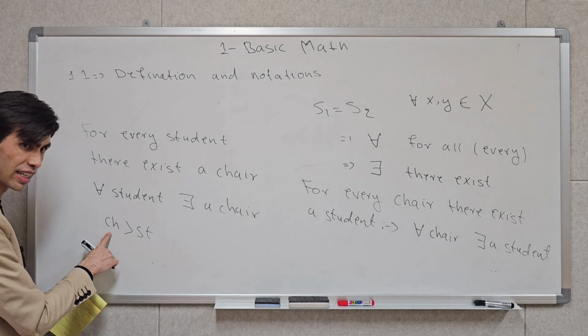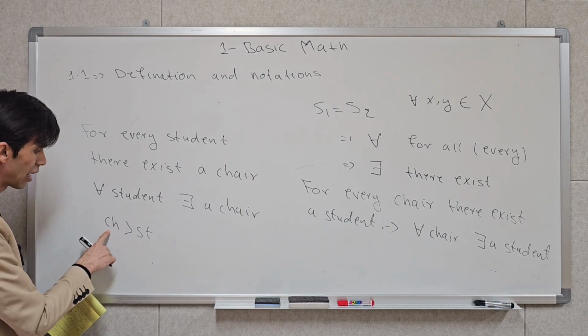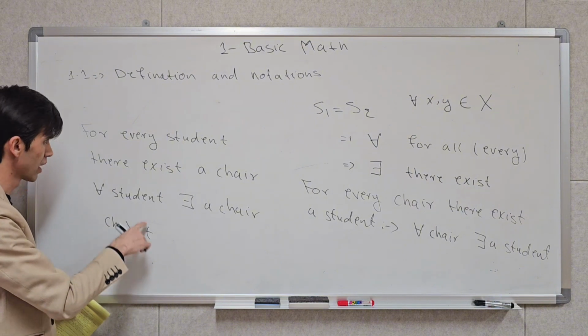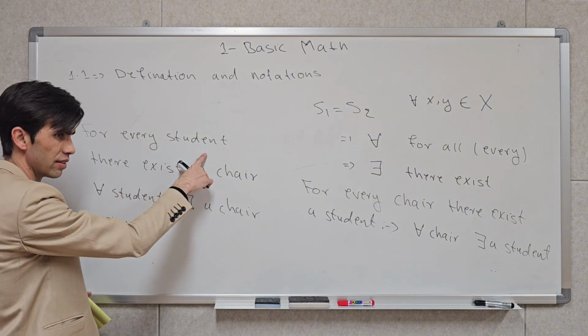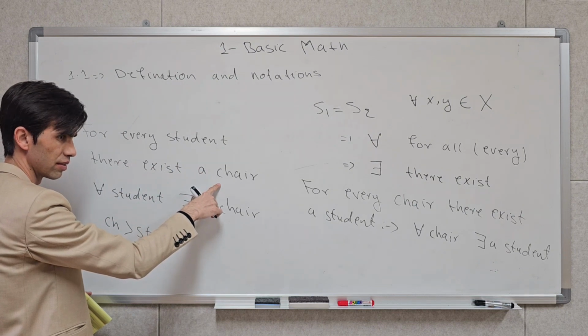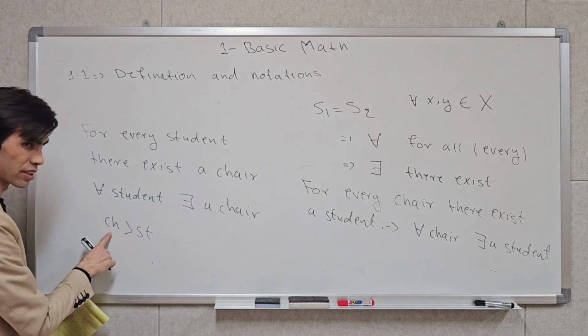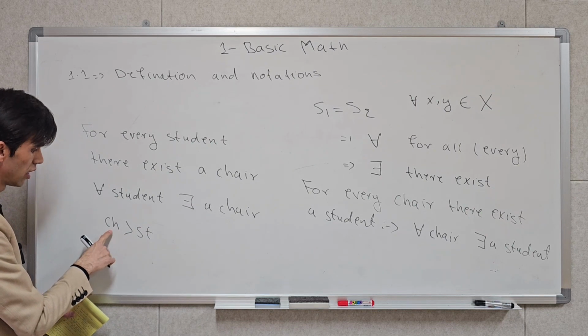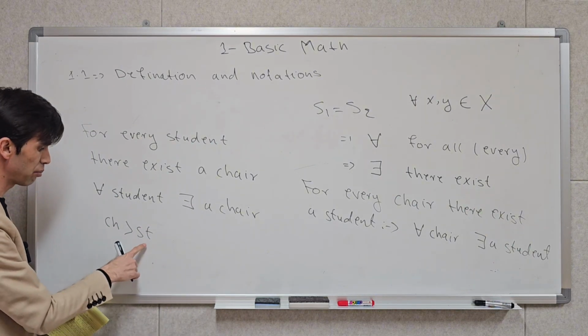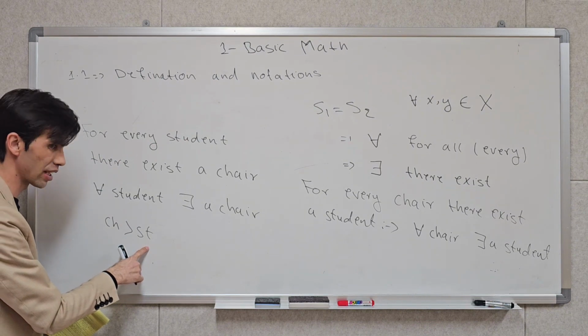It means that here, maybe the number of chairs is larger than the number of students. For every student, there exists a chair doesn't mean they're equal. Larger or equal. So the number of chairs can be equal to or more than the number of students.